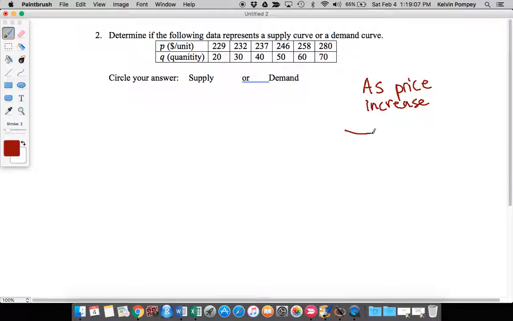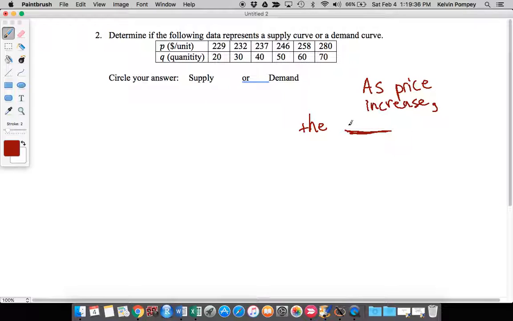For a demand curve, we would think about the consumers to fill in this blank, and for the supply curve, we think about the seller. So as my price increases, these are my prices here, 229, it goes up to 232, up to 237, up to 246, up and up. As my price increases, my quantities also increase.